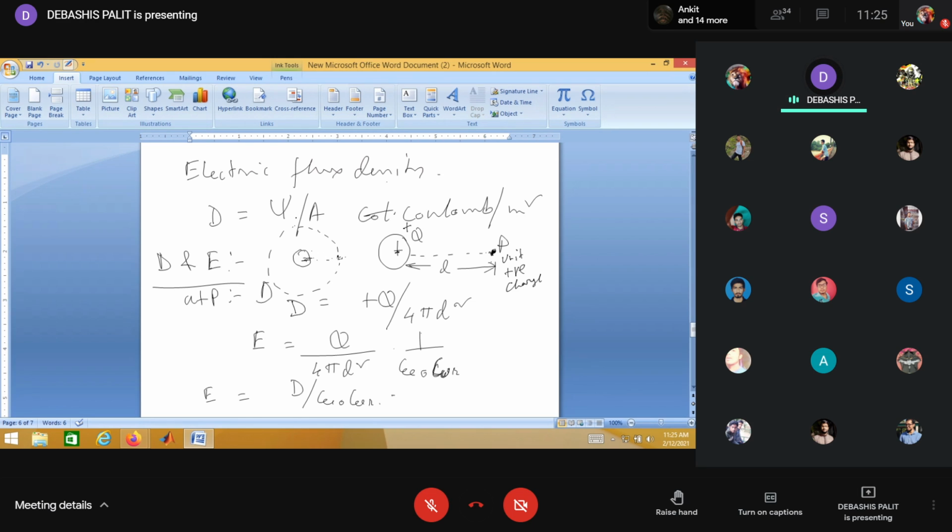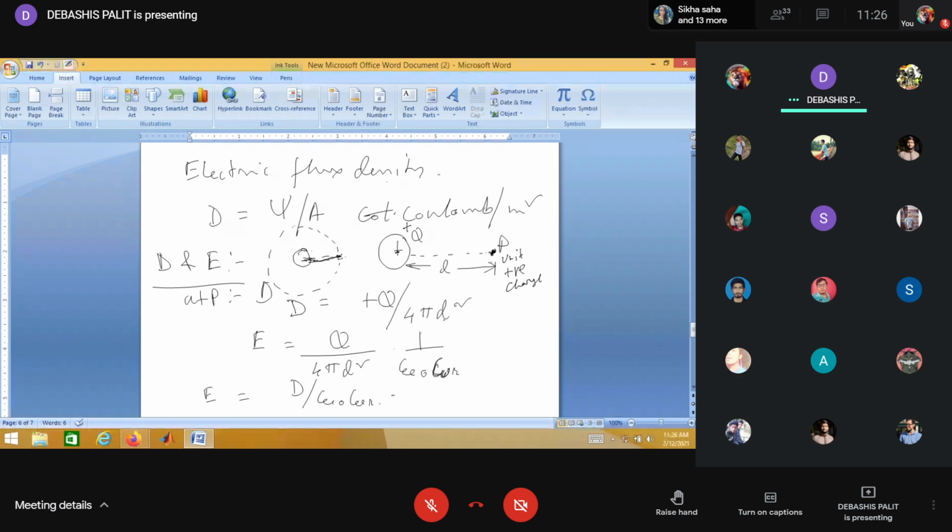Whenever flux is created over the surface area of a sphere, the distance is d. So the flux per unit area of the surface of the sphere, d being the radius of the flux path.